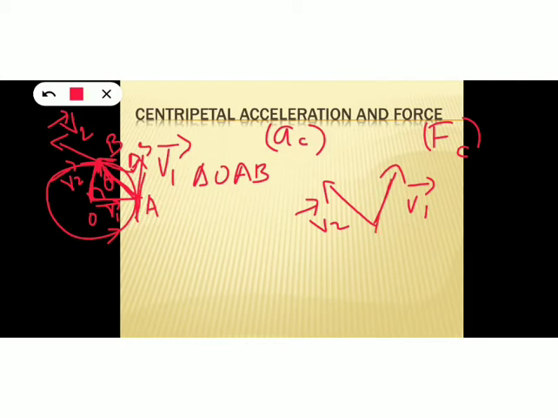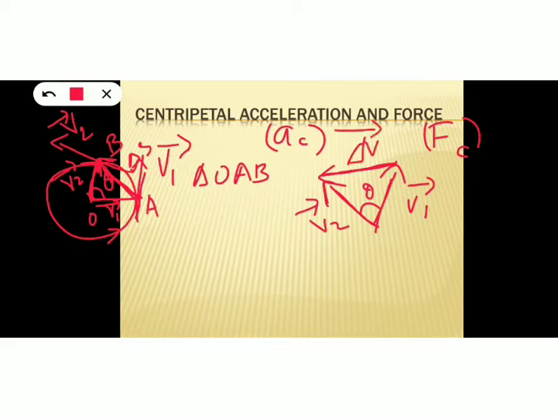V2 was acting along this path, and here also I have plotted V2 along this direction. Let the angle between V1 and V2 be theta. Consider another vector joining the head of the V1 vector to the head of the V2 vector, and let that vector be denoted by delta V vector.